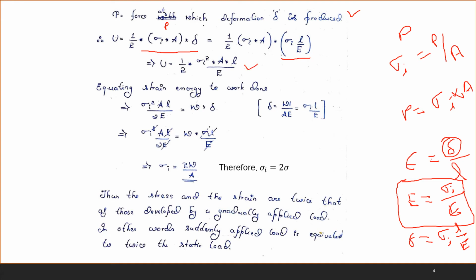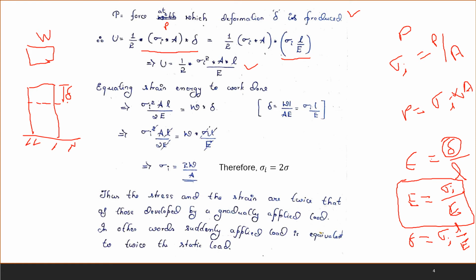Now, if I take this as a body fixed at the bottom, and you have a load W being dropped, and it has deformed by a distance delta because of the load.